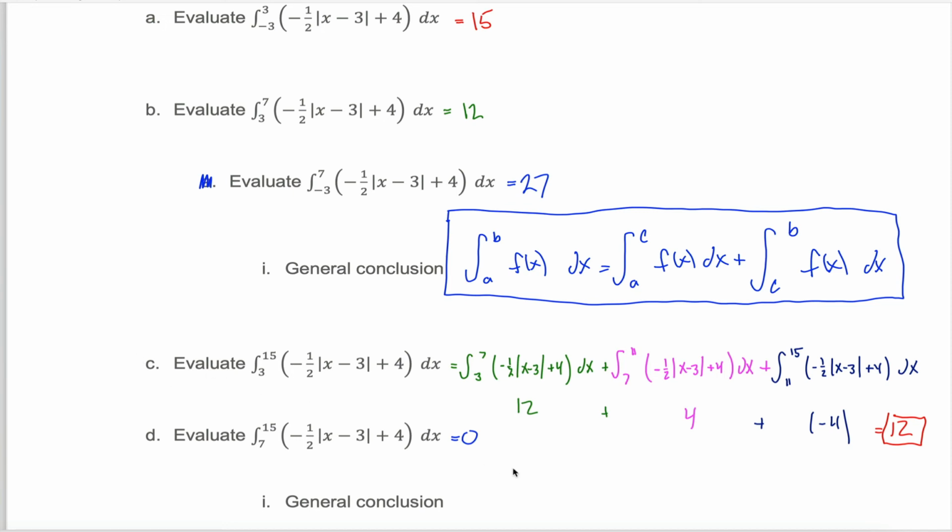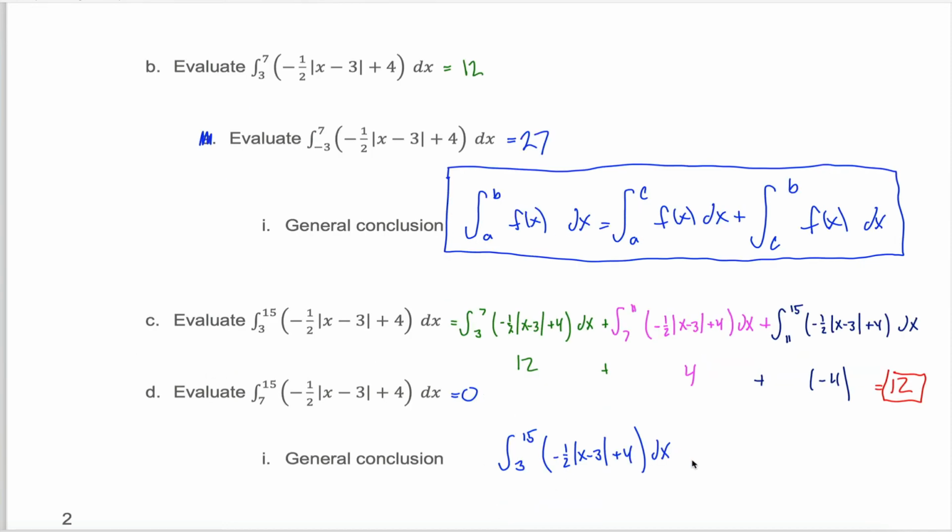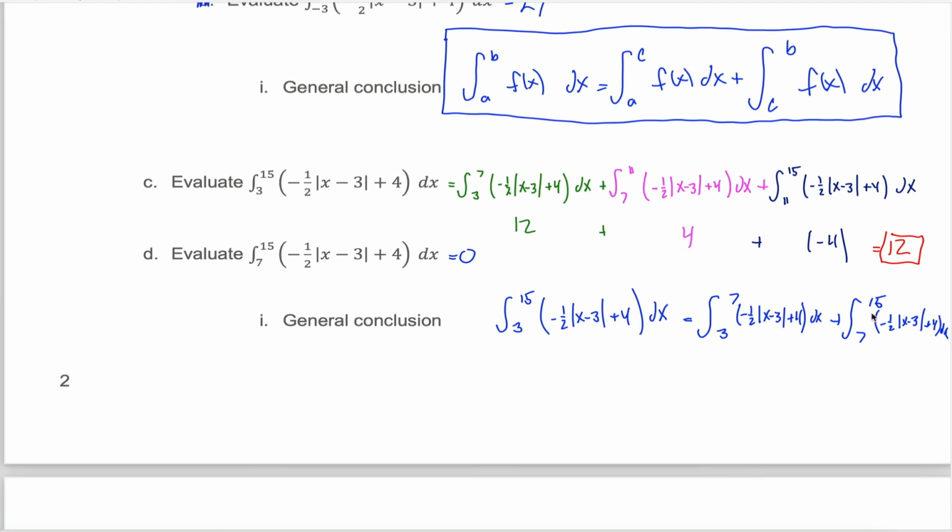Well, you could use part C to say that the integral from 3 to 15 is the exact same as the integral from 3 to 7 plus the integral from 7 to 15. And then you could say, well, this is the one that I want for my answer, so let me just subtract this term to the other side. Kind of do algebra with these integrals.